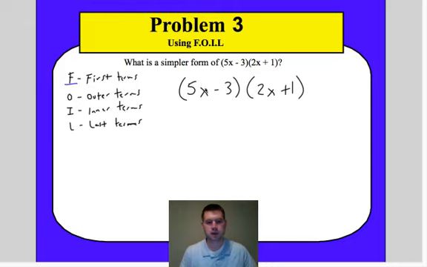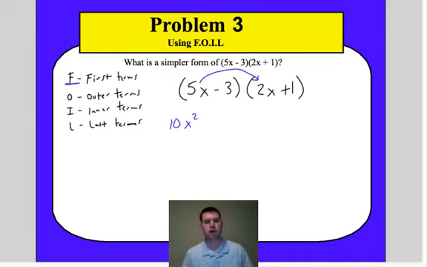The first is taking the first term, which is 5x, and multiplying it by the first term in the second set. You'll notice it's first and first, hence we call it the first terms, F in FOIL. When I do that, I get 5x times 2x, which gives me 10x squared.